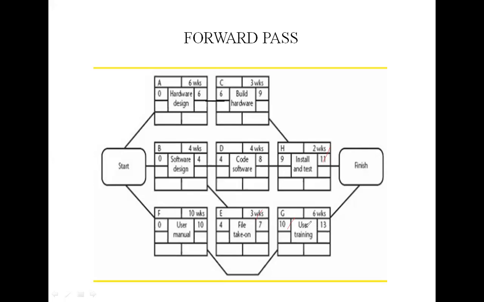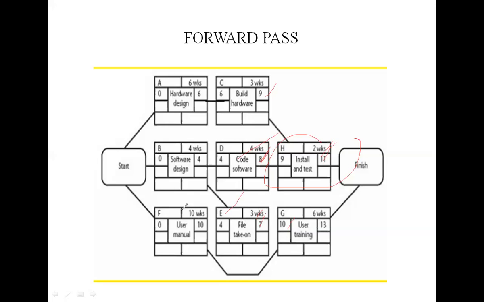So the last completion date for activity C and activity D is the last date at which activity H must start. So that is week 11. So the latest start date is week 8, which is 11 minus 3, and week 7 is 10 minus 3.